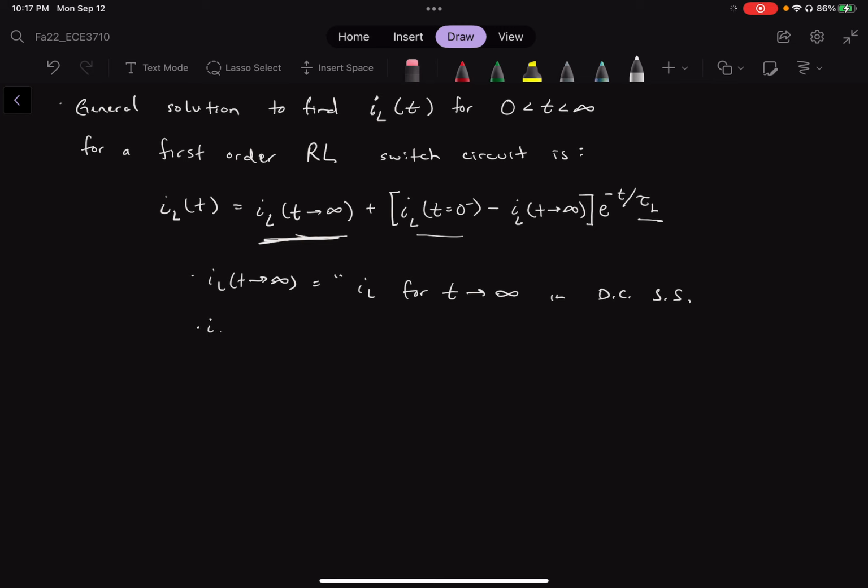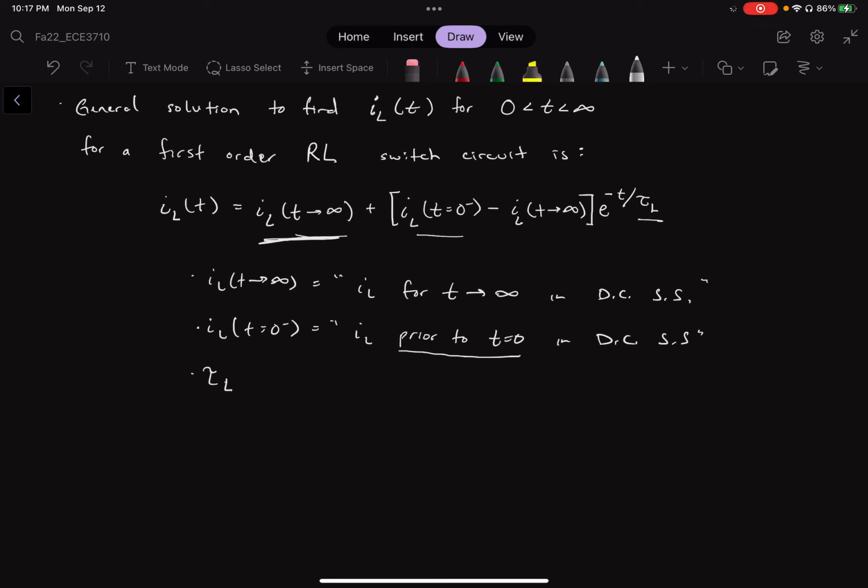IL of t equal to 0 minus is IL prior to t equal to 0 in DC steady state. Again, IL prior to t equal to 0. That's why it's t equal to 0 minus.